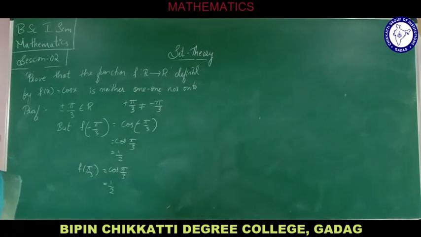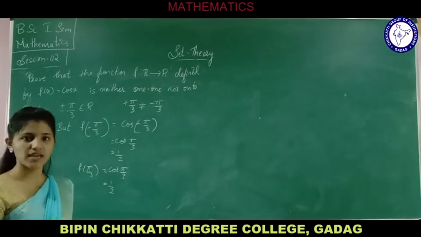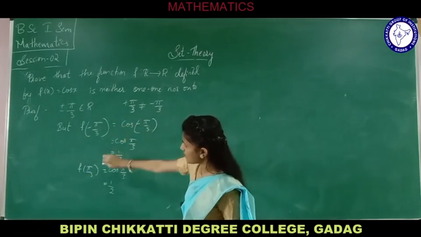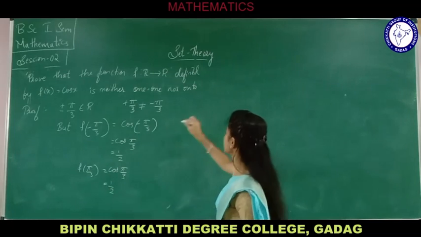So, what has happened here? Different elements of the domain have the same images. We got to know that f of minus pi by 3 and f of pi by 3 have the same image.